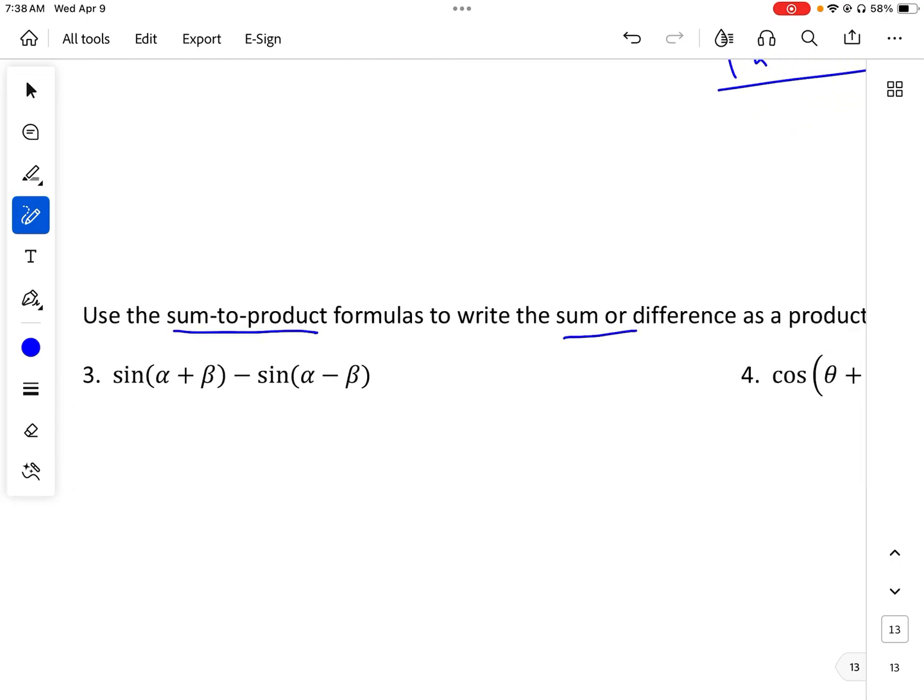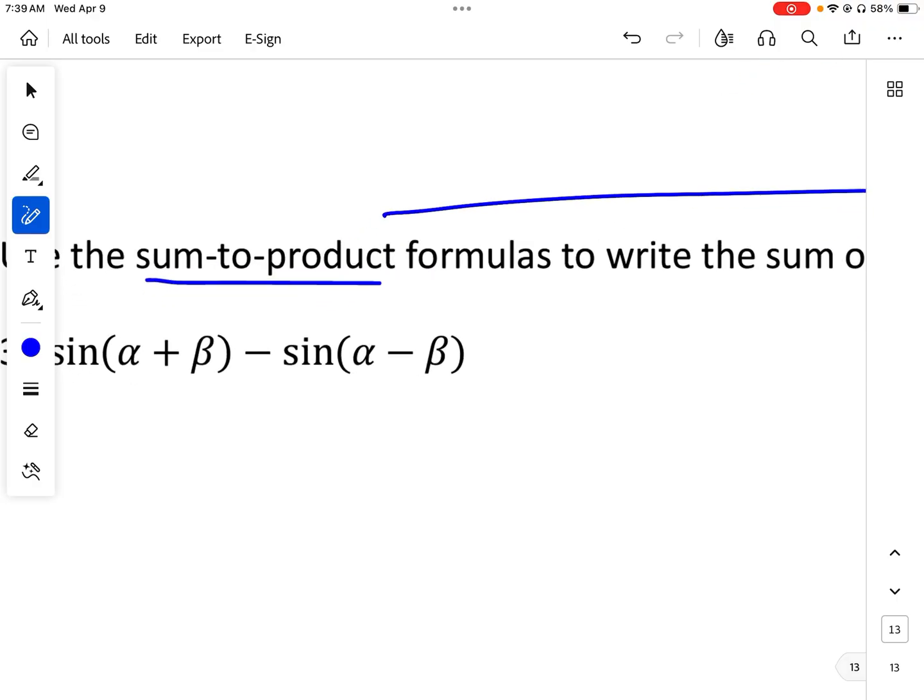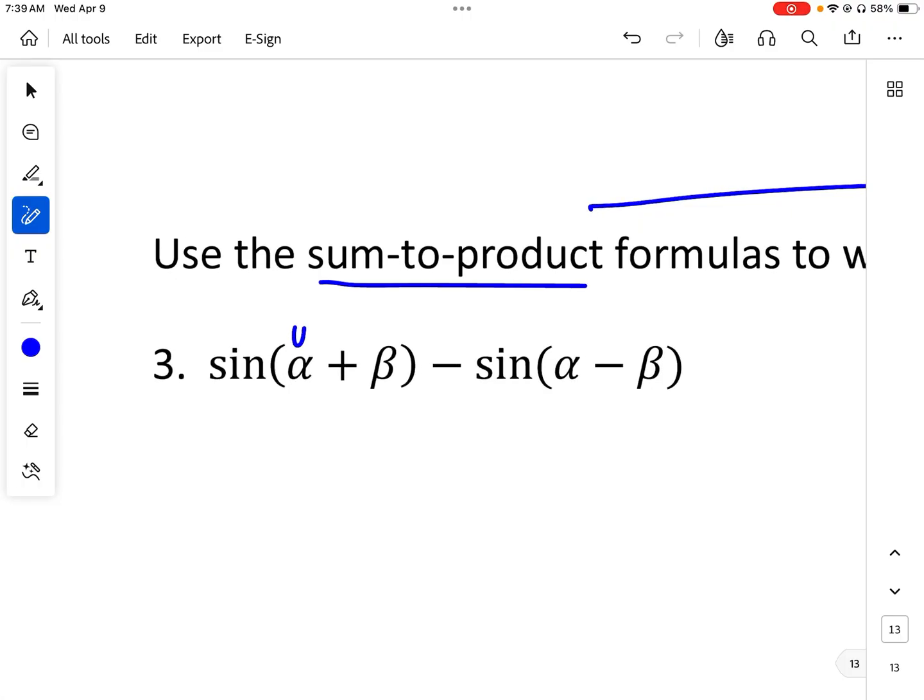It says use the sum to product to write as a sum or difference. Oh, to write the sum or difference as a product. So we're writing like that. This would be u, this would be v, this would be u, this would be v. So see how I have sine, sine, and then a minus?